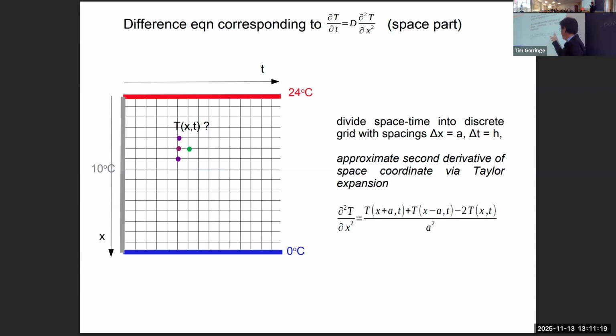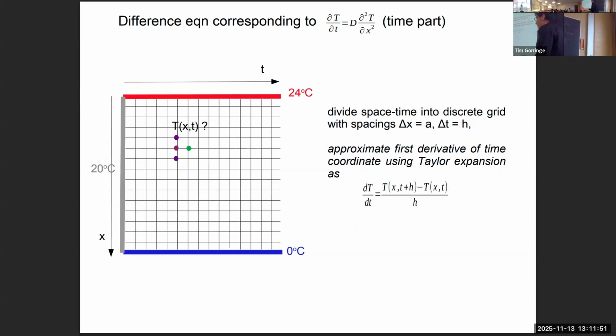We saw that if the temperature at the center point was simply the average of the temperatures of the 2 other points, then that corresponds to no curvature, what this equation said. But if the temperature at the center is not midway between the 2 other temperatures, then that will correspond to a curvature. It could be positive, it could be negative curvature. Anyway, this is one thing we've got to stick in.